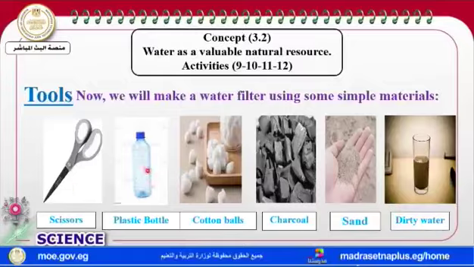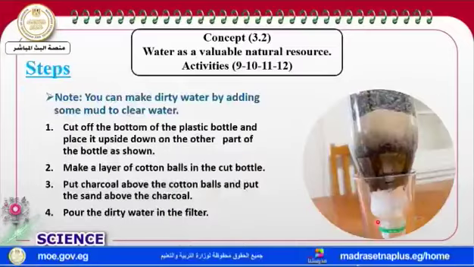Secondly, a plastic bottle. And after that, cotton balls. Okay. After that, charcoal. After that, sand. And finally, the dirty water which we want to clean. Okay. Let's start, my dear students.